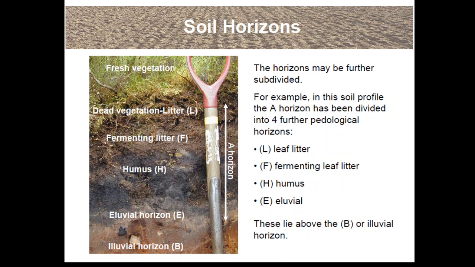Thus, as one descends through the profile from the air-litter surface, one passes through the litter, which is the leaf litter right here, the fermentation layer, also called the O horizon, then reaching the mineral soil surface, which contains the preponderant amount of organic matter, which is the A horizon.